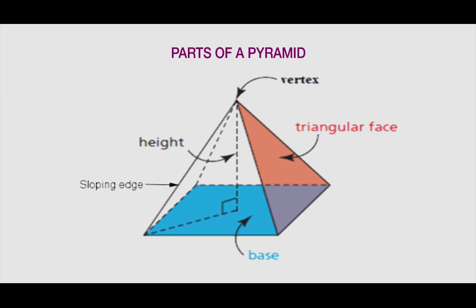Let's look at types of pyramids. The name of the pyramid is determined by the shape of the base. So depending on the type of polygon the base is, the pyramid will have its name. For instance, if the shape of the base is a triangle, then it is referred to as a triangular pyramid.